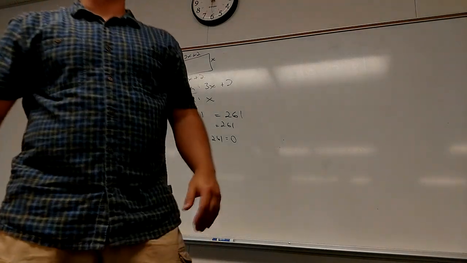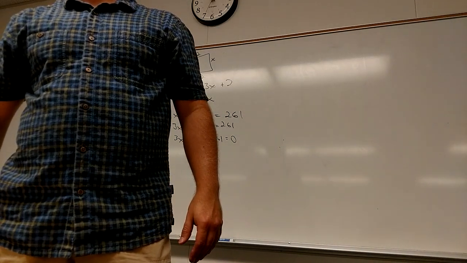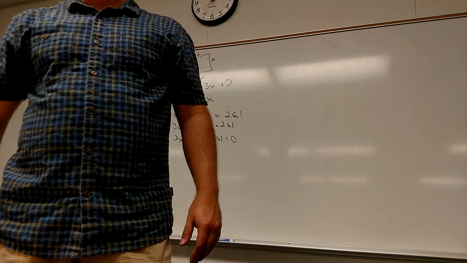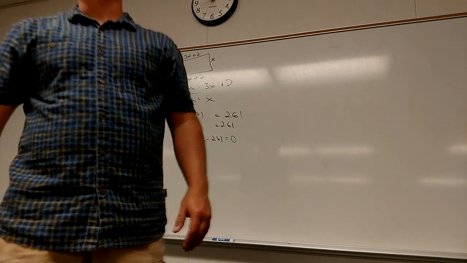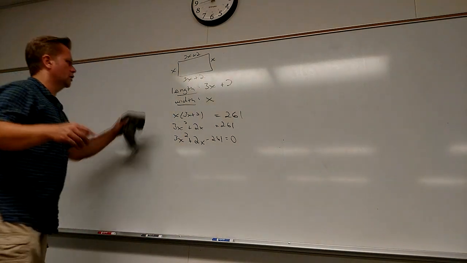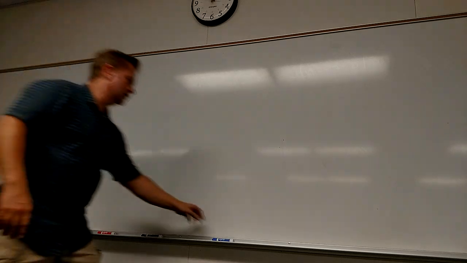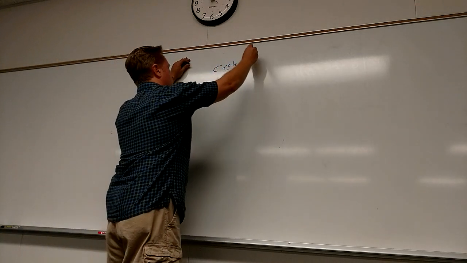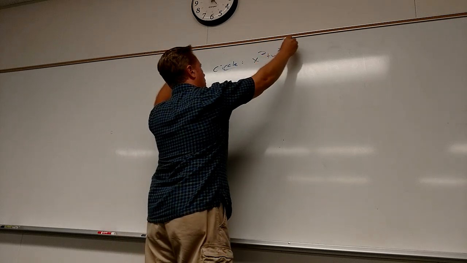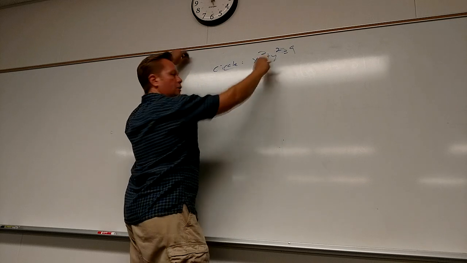I didn't really go over the parabola, circle, ellipses, and stuff. How do you tell whether it's a circle or not? That was like the first thing we went over. Basically, a circle will look something like this, where you have a plus in the middle and they're both squared.